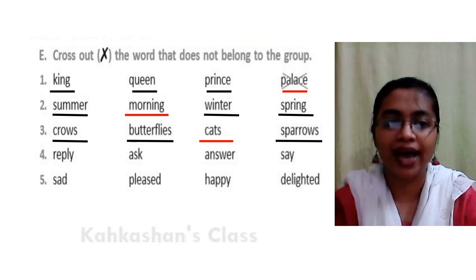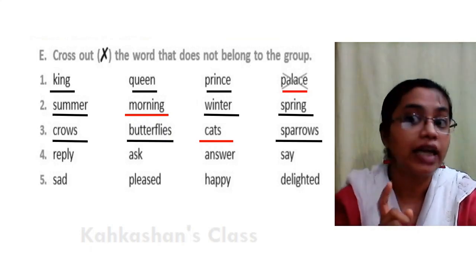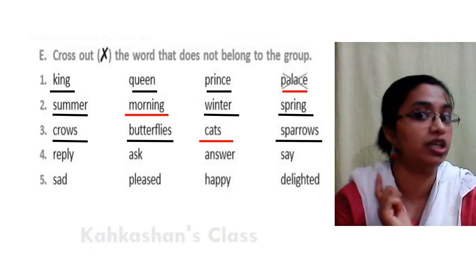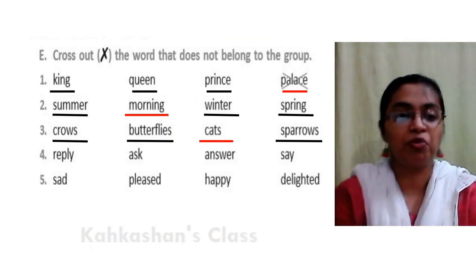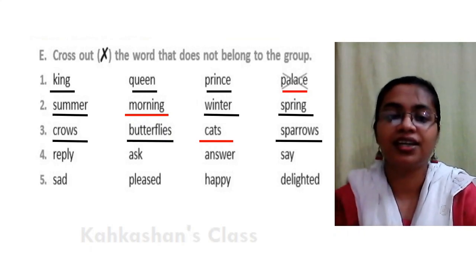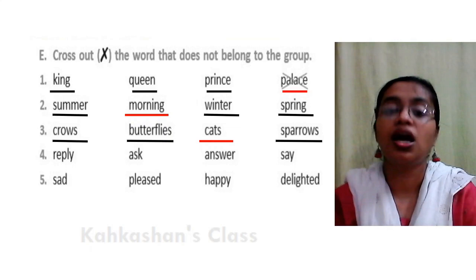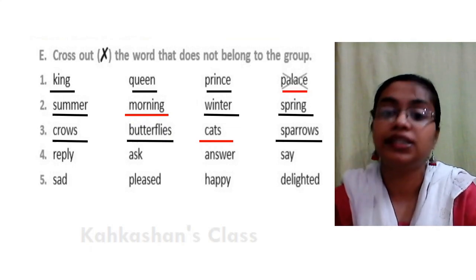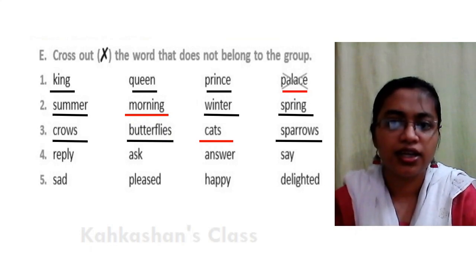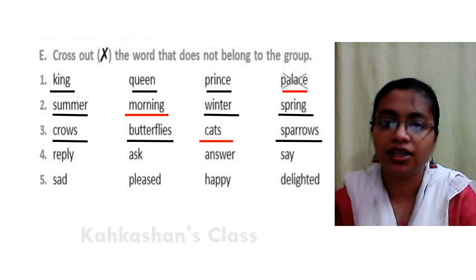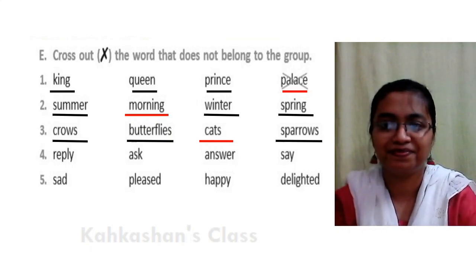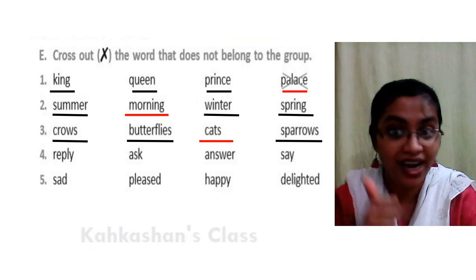The fourth one we have, now I won't tick mark or underline. You have to tell me first. Okay? Come on, let's see whether you can do it or not. Reply, ask, answer, say. Come on, reply. Answer me. Say it. I know you can. Well done.